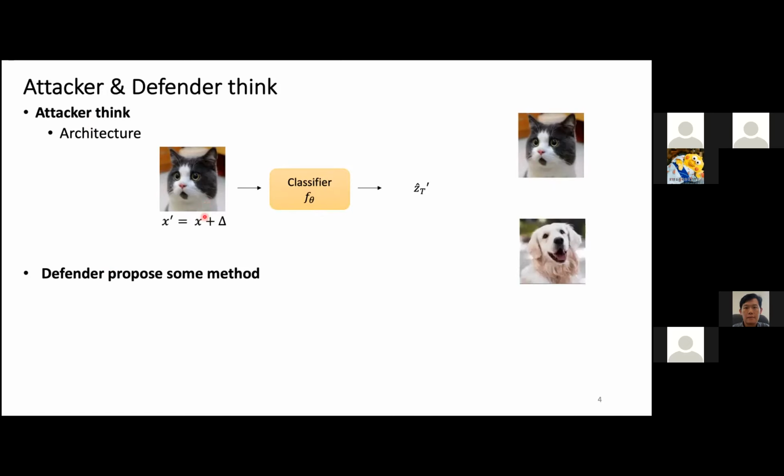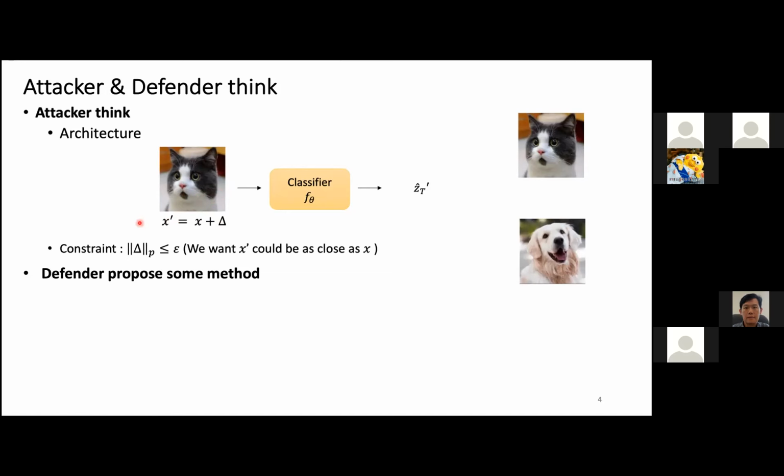So they want to find tiny noise added to this image. This image is called X, and it generates a fake image, X prime. And for our human eyes, we can see that it's still a cat. But this time, if we feed this picture to the classifier, it will recognize it as a dog. So the attack is a success.